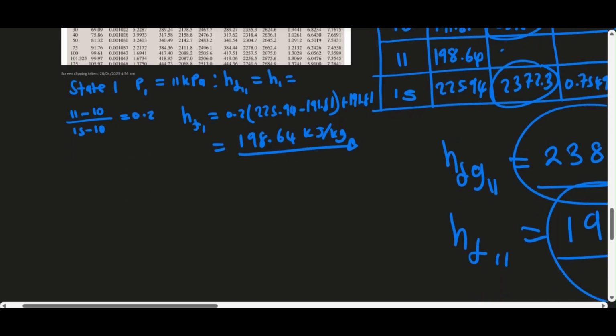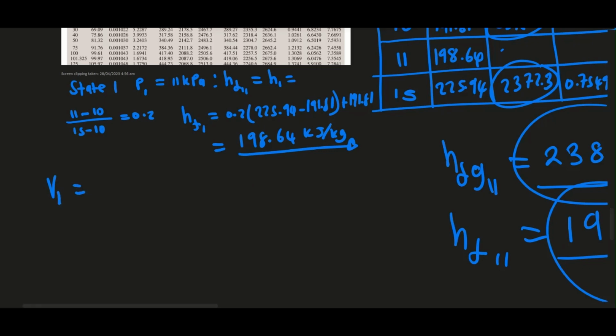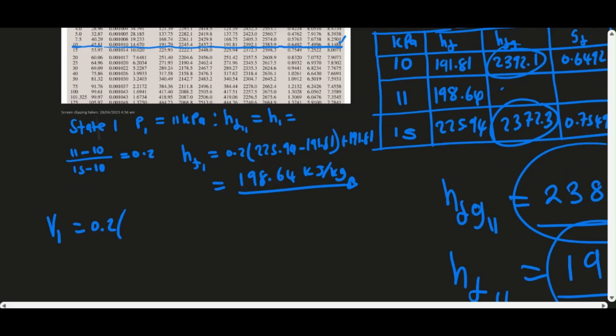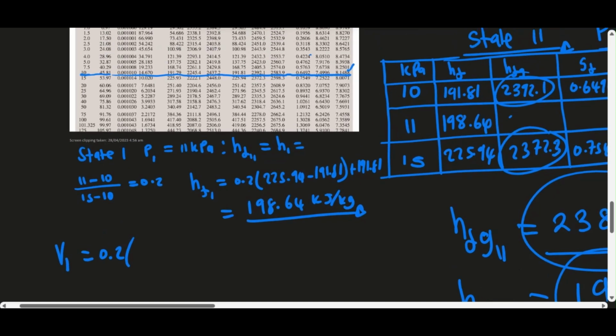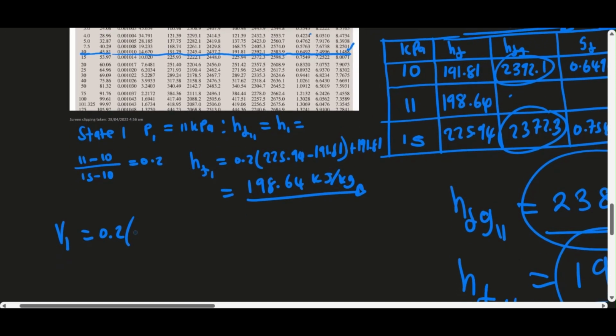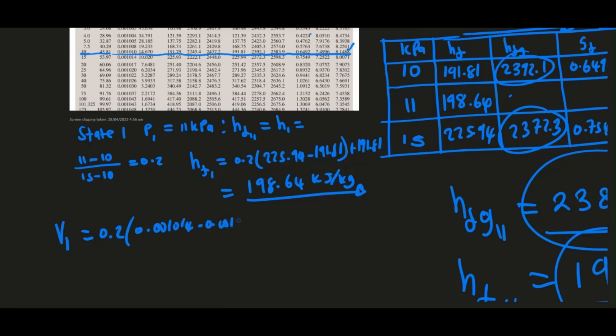Okay, maybe we do need to get V1 also. 0.2 multiplied by 0.00114 minus 0.001010, plus 0.001010.